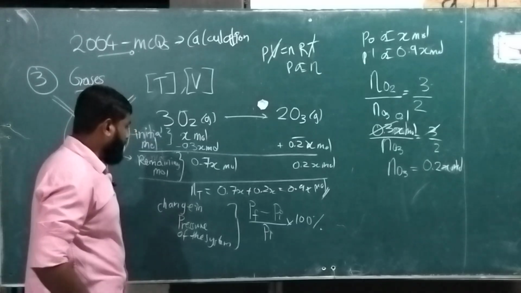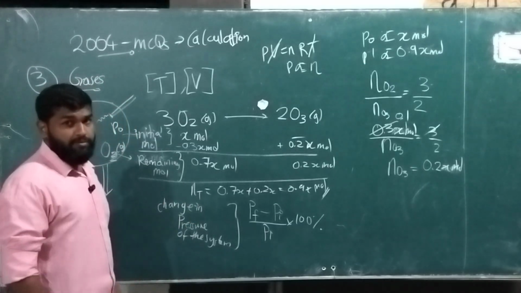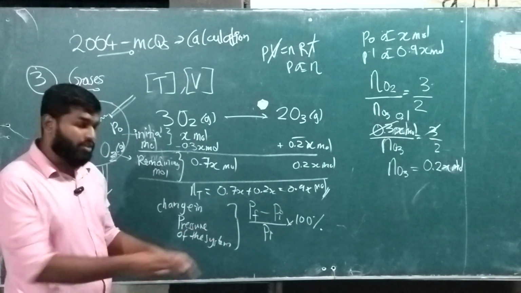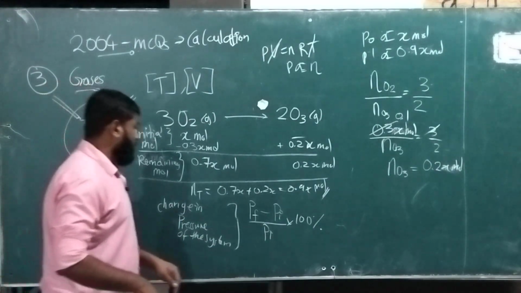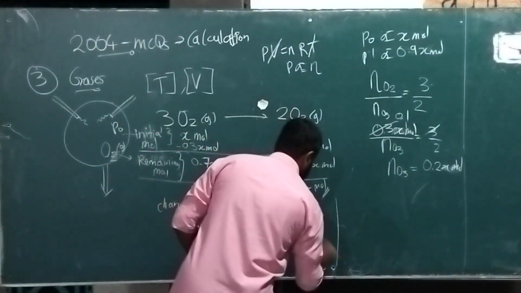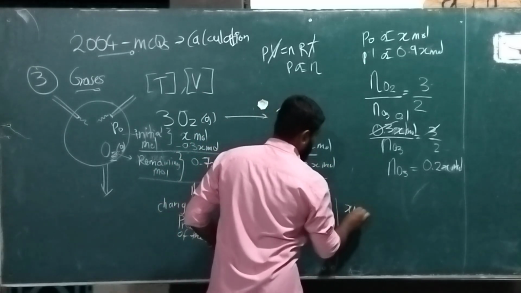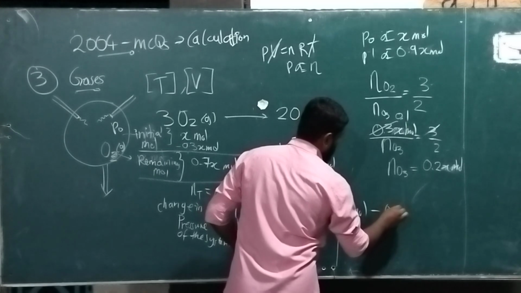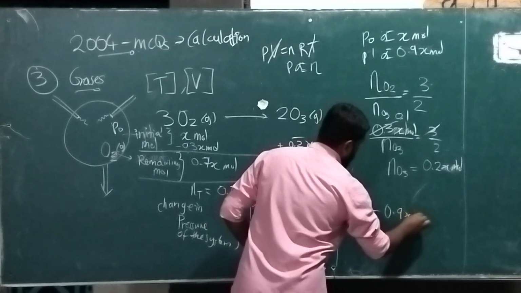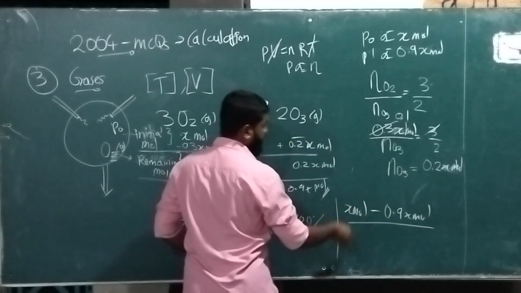So you may ask, you're going to get the answer in negative, right? Why? They have already said in the question that it is actually reduced. So I can directly write like this. Initially I had x moles, and I got the final moles around 0.9x.